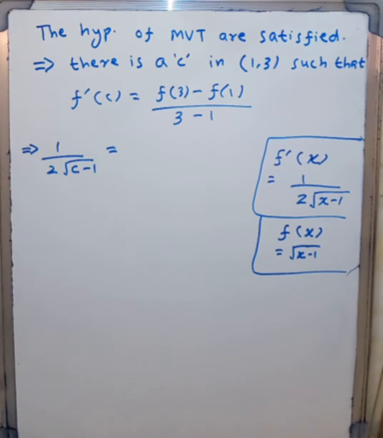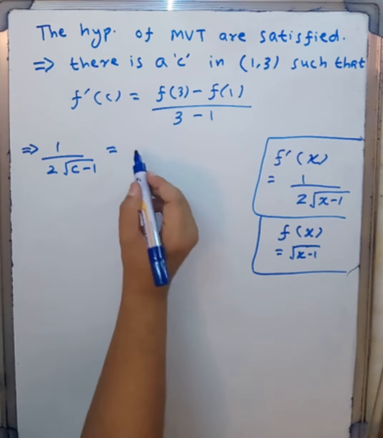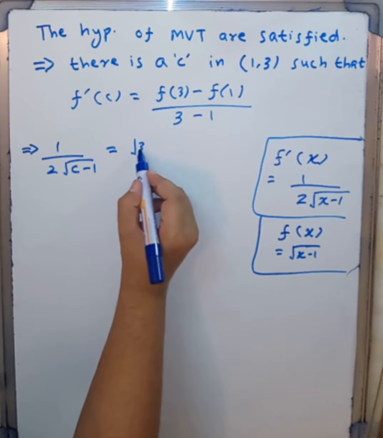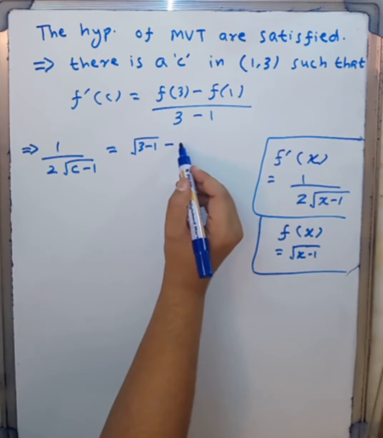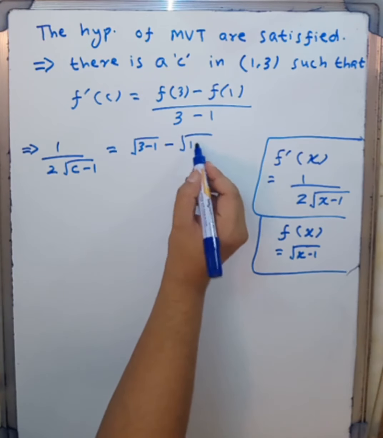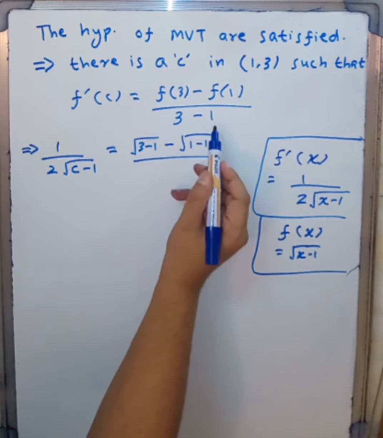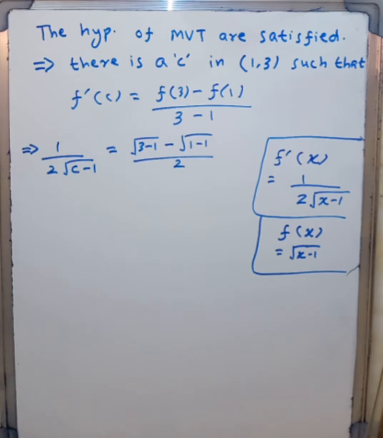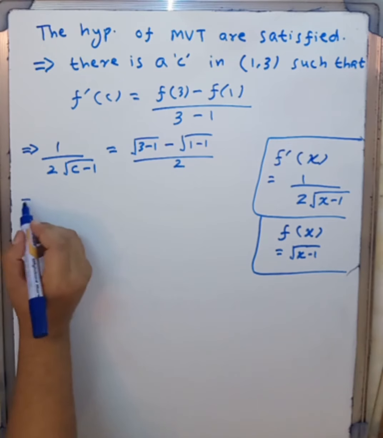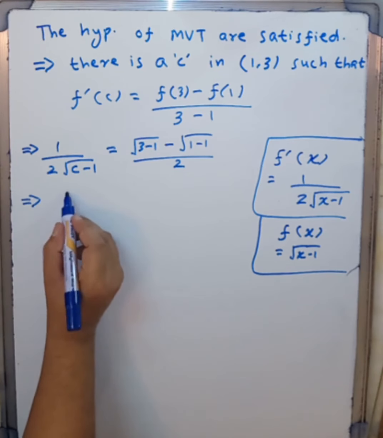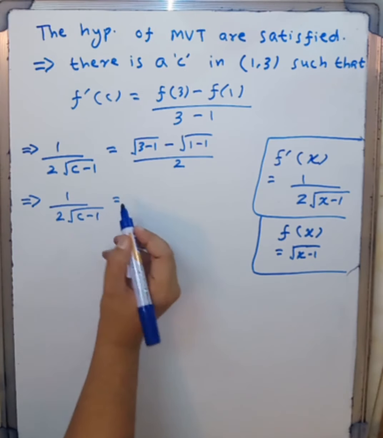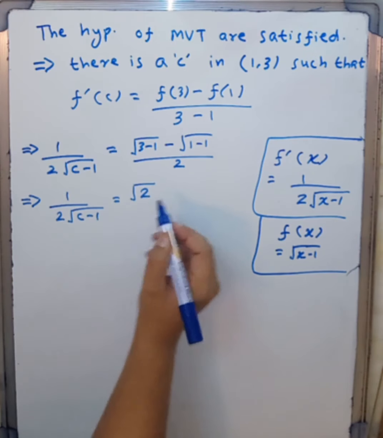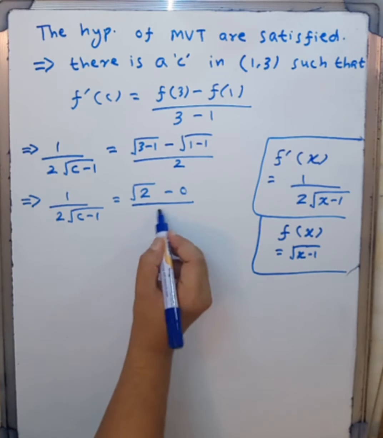Therefore, f(3) will be square root of 3 minus 1, minus f(1), that will be square root of 1 minus 1, divided by 3 minus 1, that is 2. Now we will simplify. 1 by 2 square root of C minus 1 will be equal to square root of 2 minus 0 over 2.